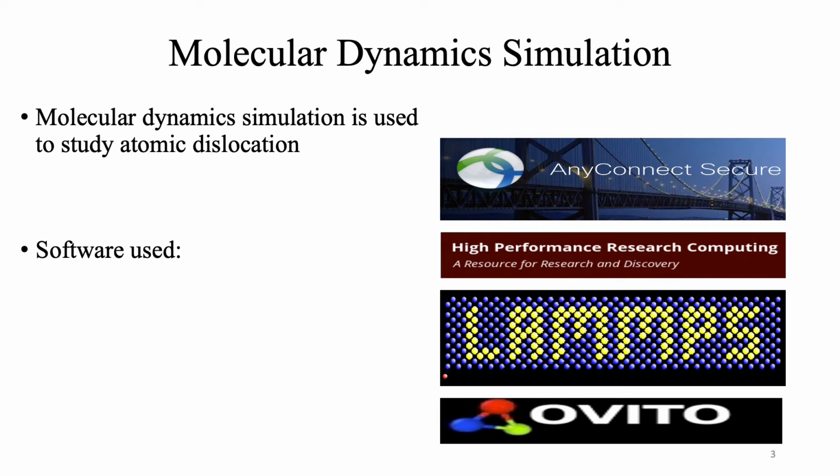LAMMPS is the Large-scale Atomic/Molecular Massively Parallel Simulator, and it is a molecular dynamics program. Last, OVITO, which is a visualization and analysis software for output data generated in molecular dynamics.